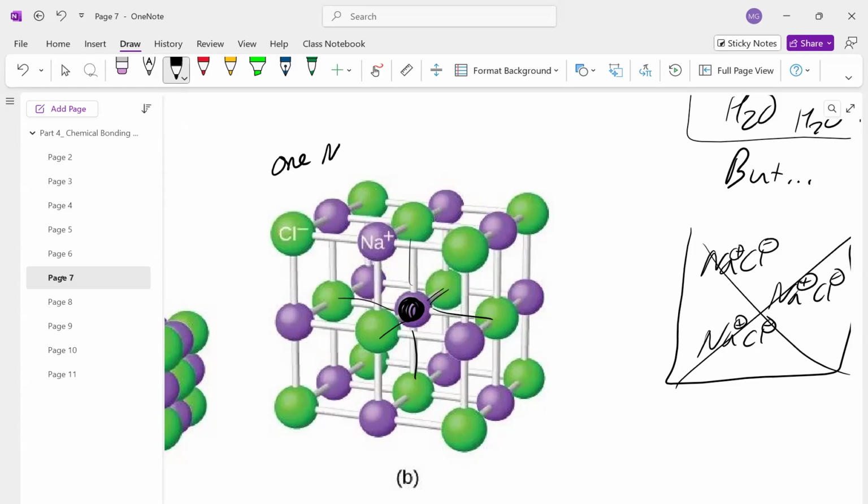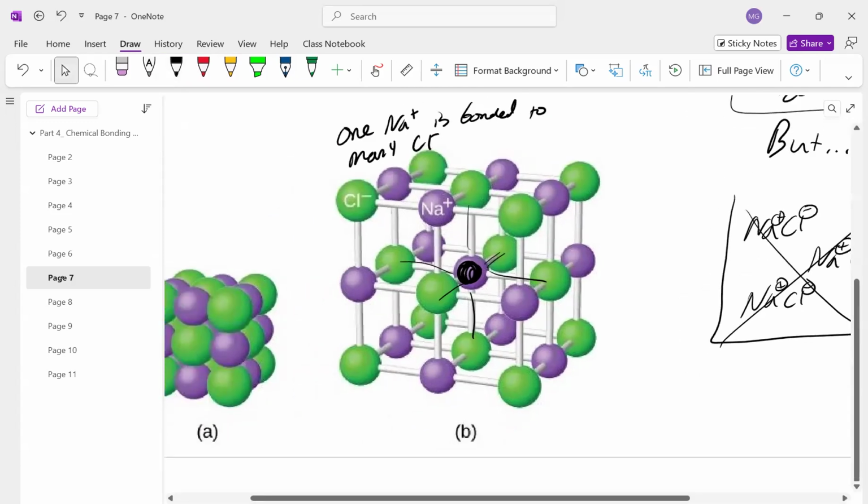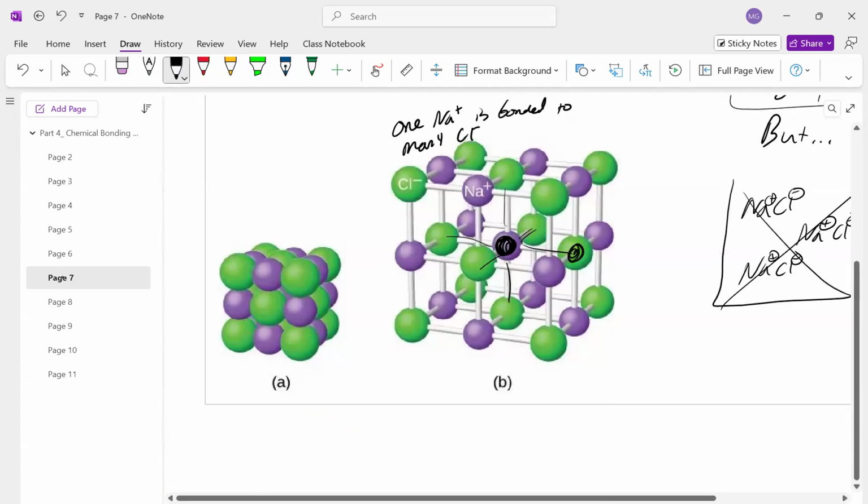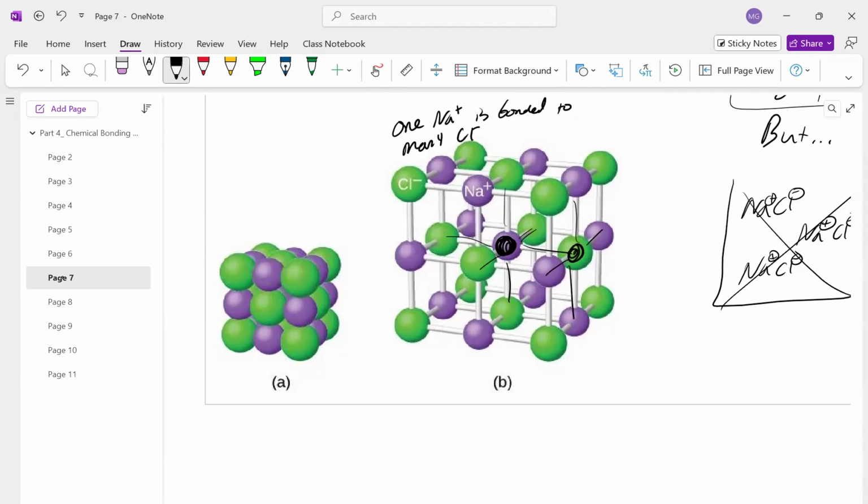So one sodium cation is bonded to many chloride ions, and that's really what an ionic bond is. You could say the same thing for chloride. These chlorides here are bonded to a lot of sodium ions. And this creates very strong bonds.